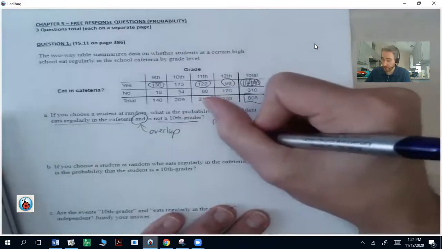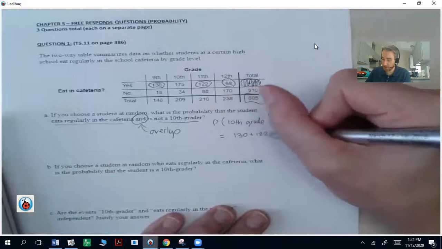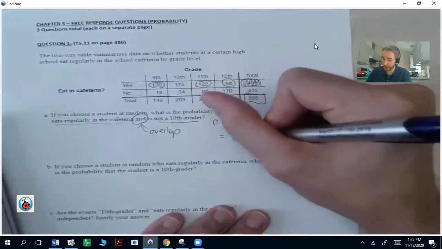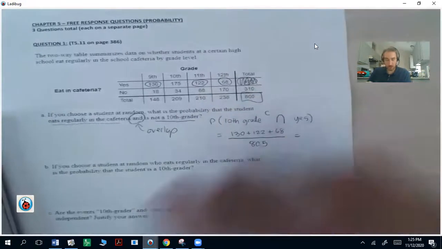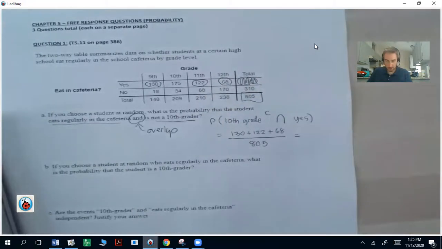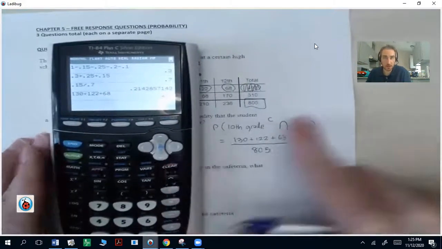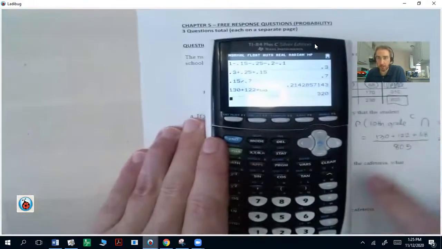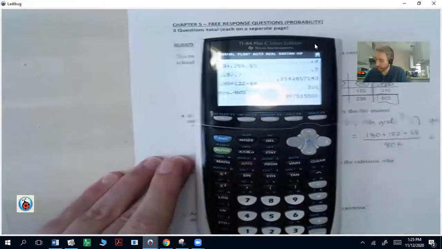So 130 plus 122 plus 68 over 805. We'll just do a little calculation here. That's going to give you 320 out of 805, 0.3975.